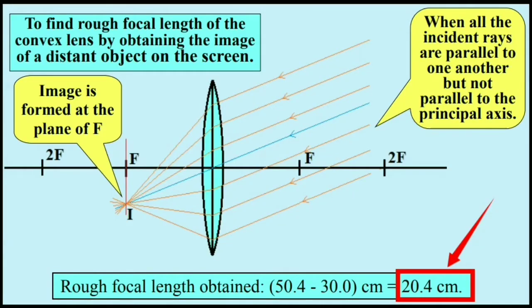And here I record the rough focal length of the convex lens obtained by obtaining the image of a distant object on the screen.